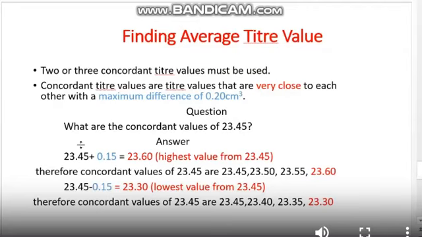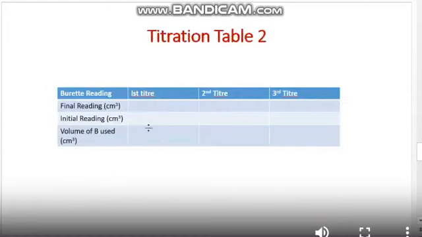Finding average titer value. Two or three concordant titer values must be used. From where? From this space here, where you have volume of B used for the first titer, second titer, and third titer.